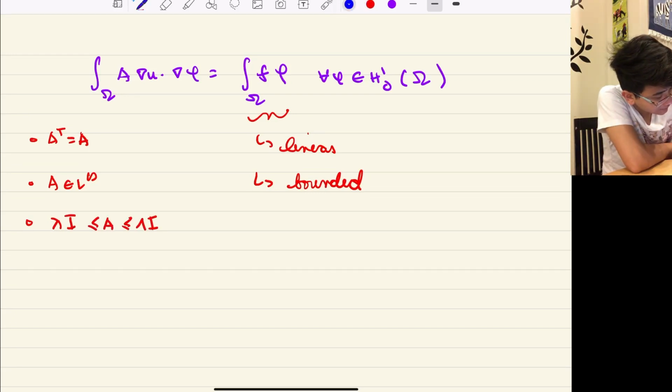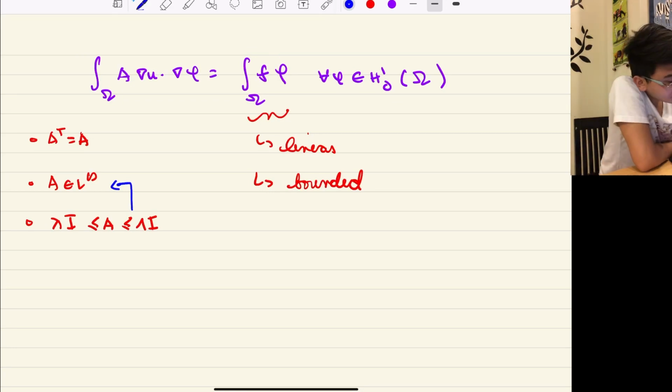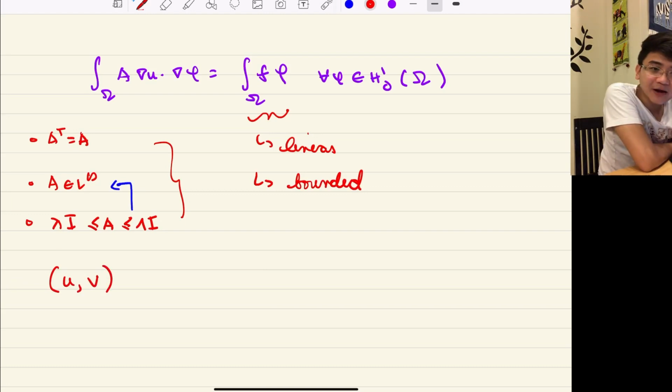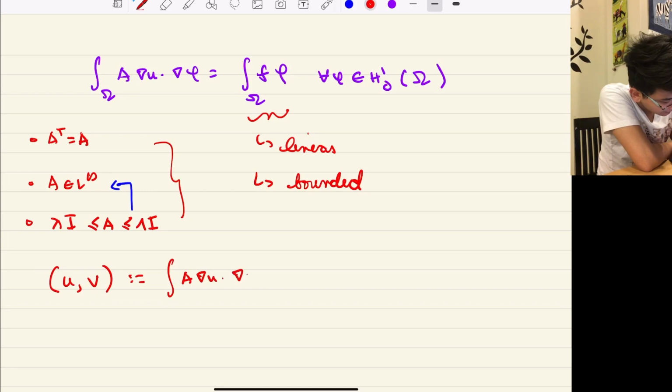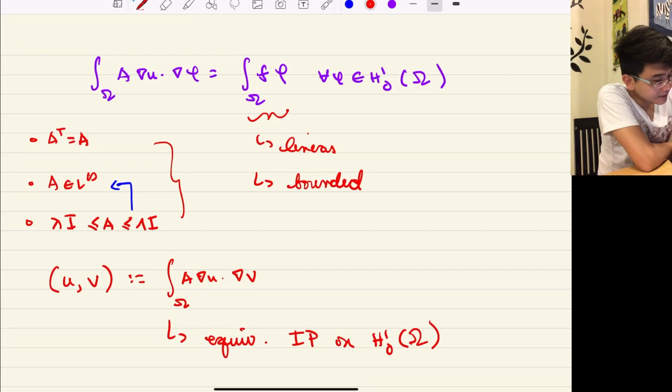Actually, I'm sorry, but this condition actually tells you that A is in L infinity already. Okay. So with these, if I write UV, this inner product UV is going to be an equivalent inner product on H10.